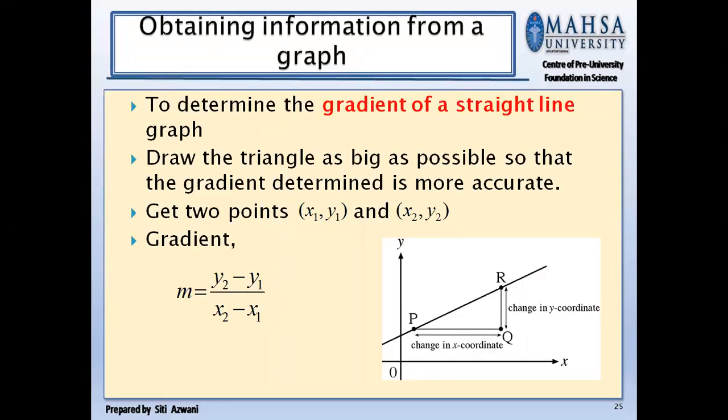Next, for the gradient, if you go for physics 1, you also have a practical, Hooke's law. After you calculate the gradient value, the slope value is equal to the spring constant. So the information from a graph is one of the important parts.